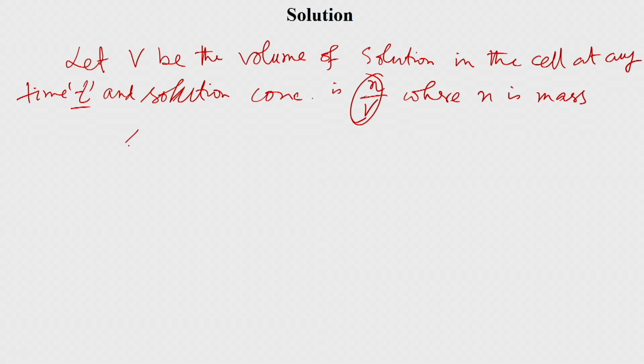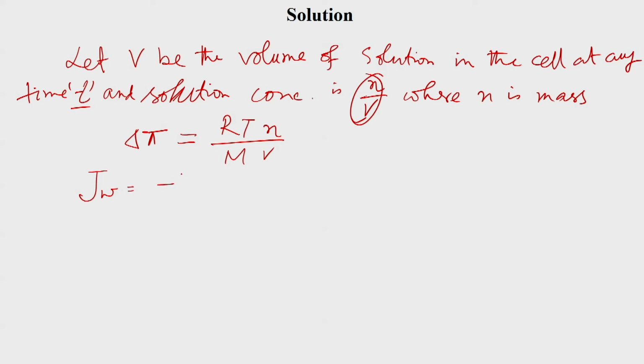Okay. Now, we have the osmotic pressure that we cannot ignore, that is RT N by M into V. And we know J W is equal to minus 1 by A dV dt, or we can take 1 by A dV dt also. For that case we need to take the boundary conditions accordingly.